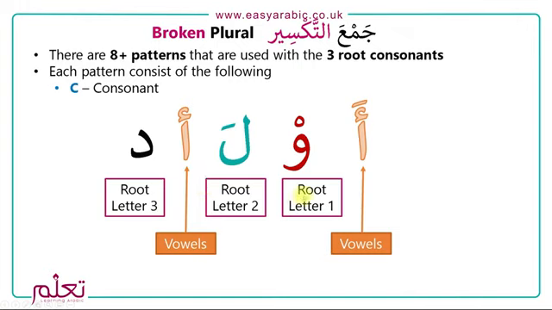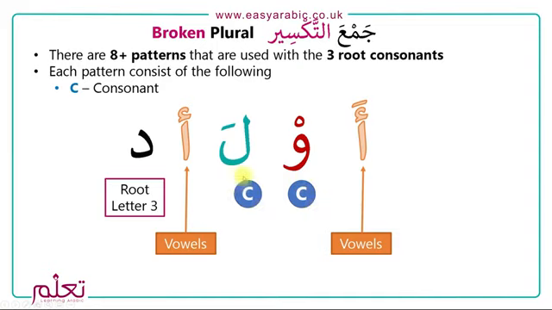So here, wherever we've identified a root letter, that will be a consonant. So here, waw is a consonant, the lam is a consonant, and the dal is a consonant. And then what happens is long and short vowels are placed around the root letters. So here you can see there's an alif and an alif added there, but there's also this added here.